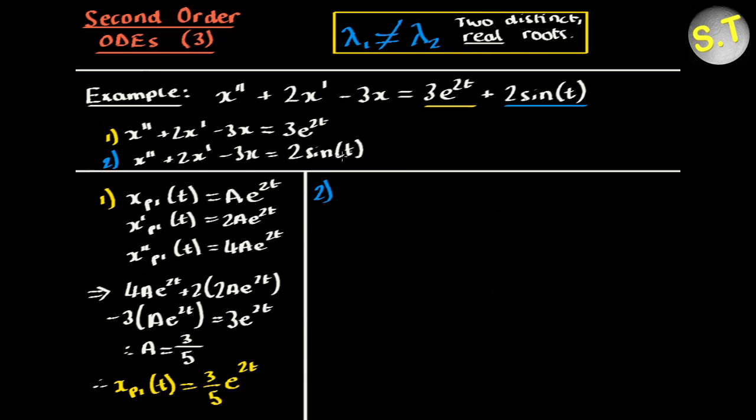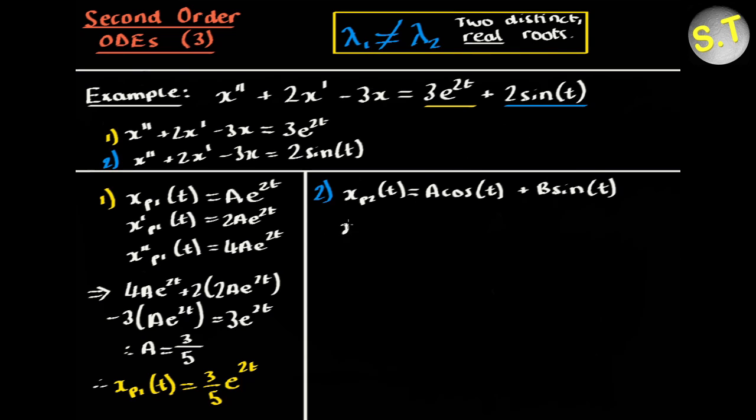So number 2, we'll call it x particular 2 of t, is equal to our general equation. Since when we differentiate sine we get a cosine, our general equation for x particular 2 of t is going to be a superposition of sine and cosine states. So we're going to have, in no particular order, a times the cosine of t plus b times the sine of t, where once again a and b are constants that we need to calculate.